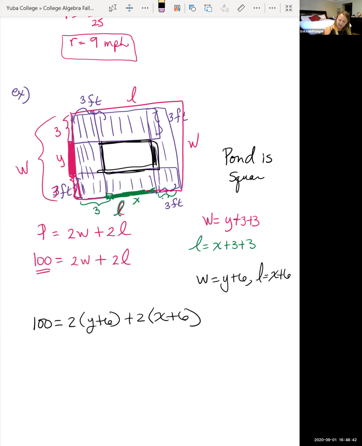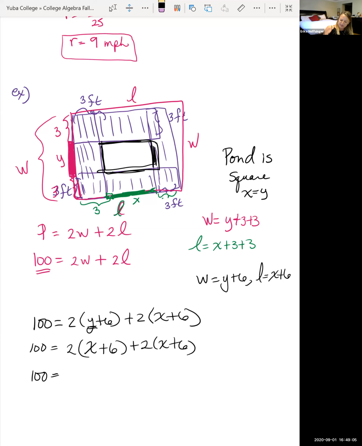So length and width have to be the same. Let's go back in there and substitute that in. I can rewrite y as the same thing as x. So I have 100 is equal to 2 times the quantity x plus 6 plus 2 times the quantity x plus 6. Let's distribute that 2.